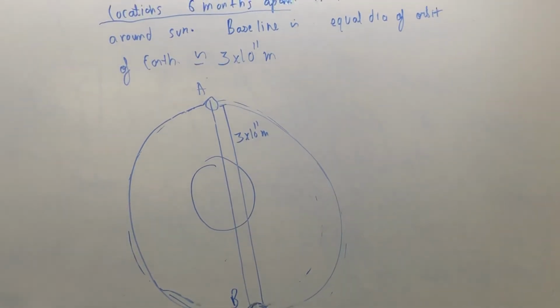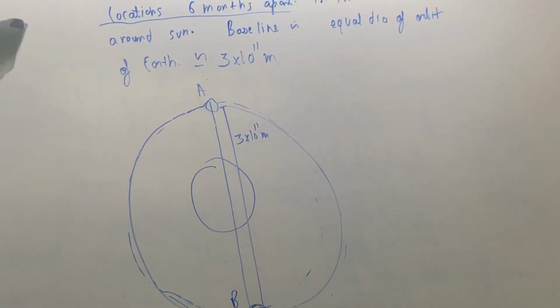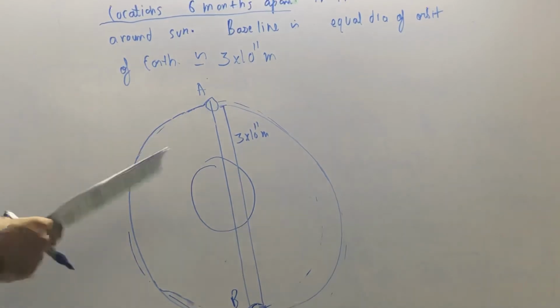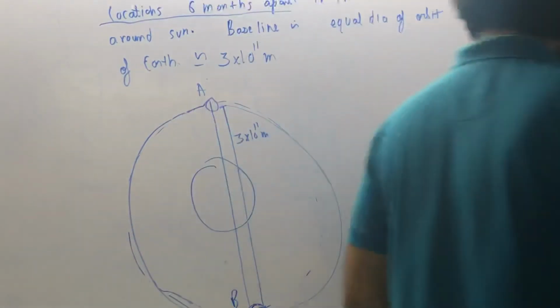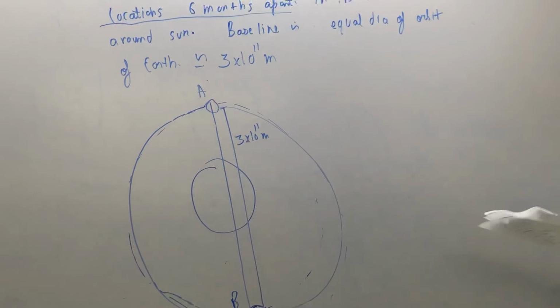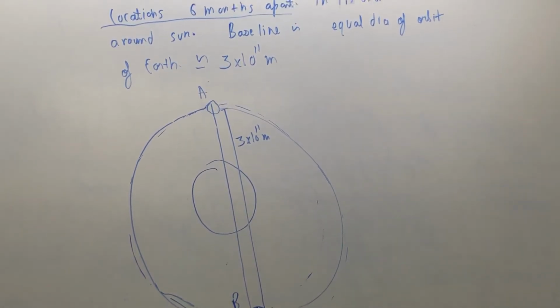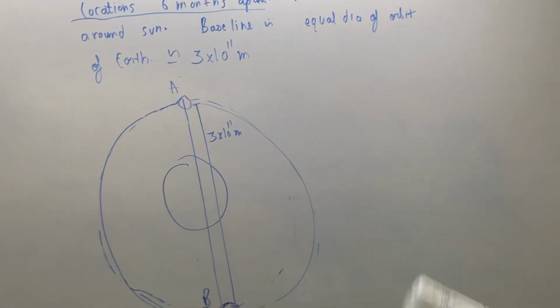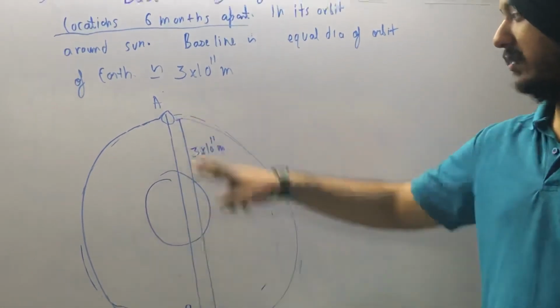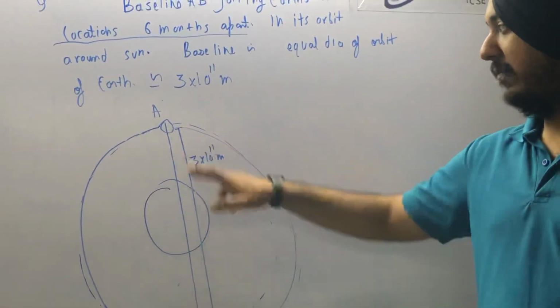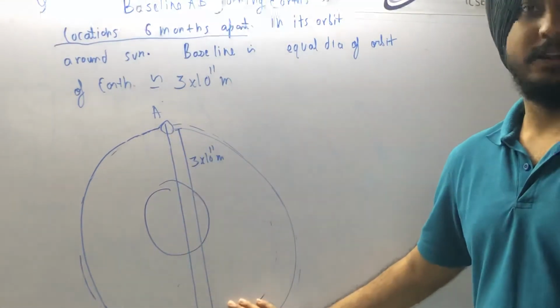The next thing that he has told us in the question is that some stars are so far that even if we have a baseline that is this much long, 3 into 10 raised to the power 11 meters.